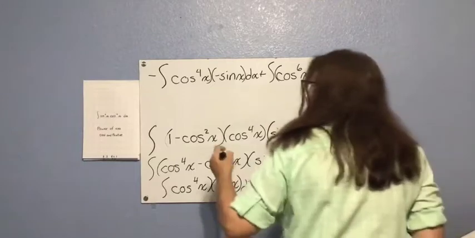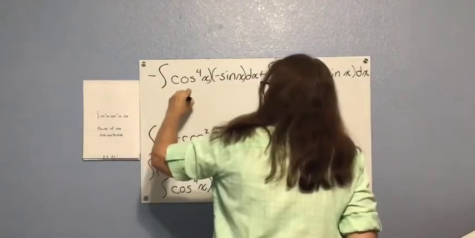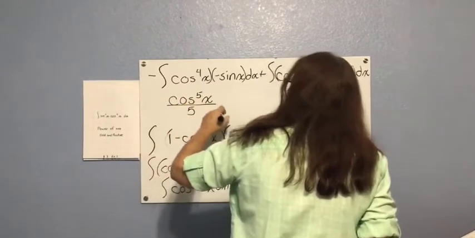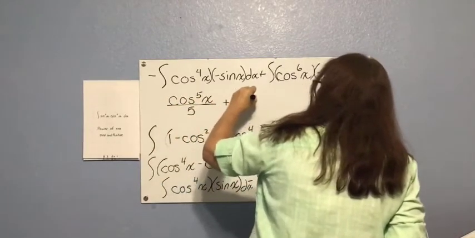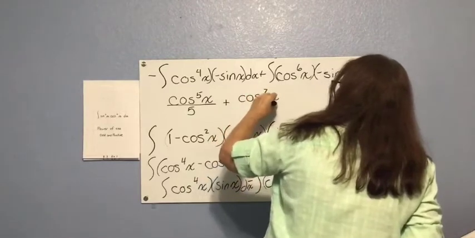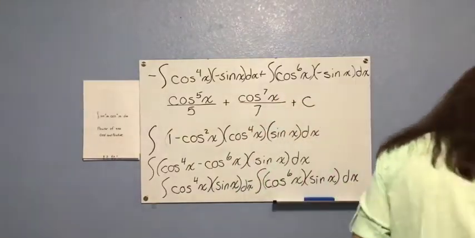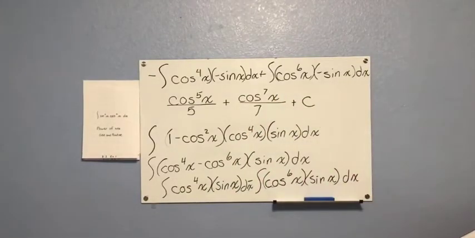And now I integrate. In this example, both of the exponents happen to be positive integers. This strategy will work as long as either m or n is odd and positive.